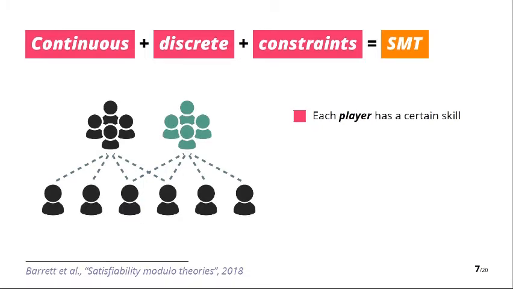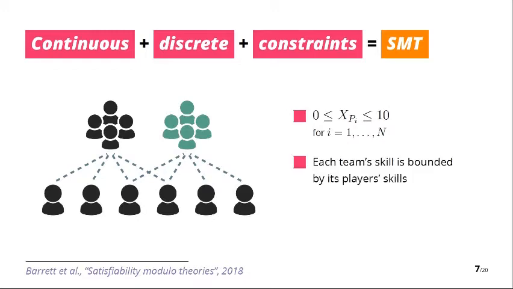Now let's go back to the previous scenario to see how to model the skill matching system with SMT. For the skill of each player, we introduce constraints. And this constraint says that the skill is a continuous variable bounded between 0 and 10. Then for the team performance bounded by the player skills, we also introduce the constraints.